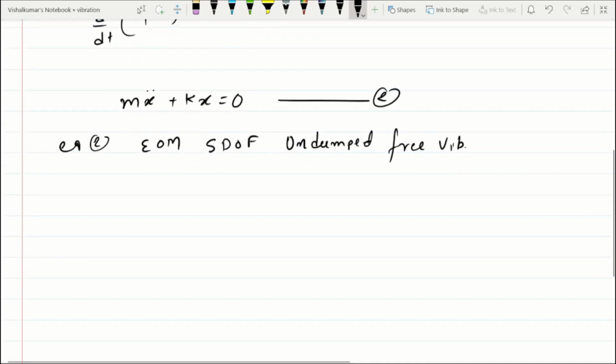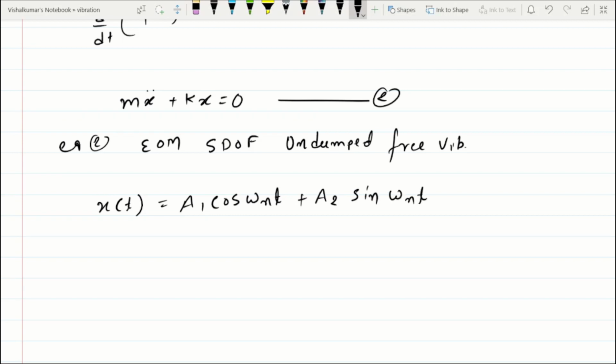And when we solve this differential equation, we get the response as x of t equal to a1 cos omega n t plus a2 sin omega n t. Here omega n is equal to the square root of k by m.